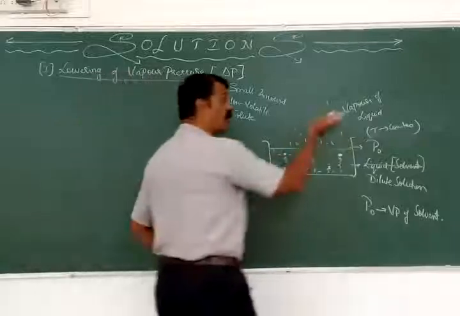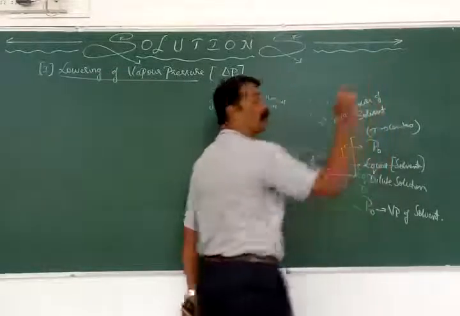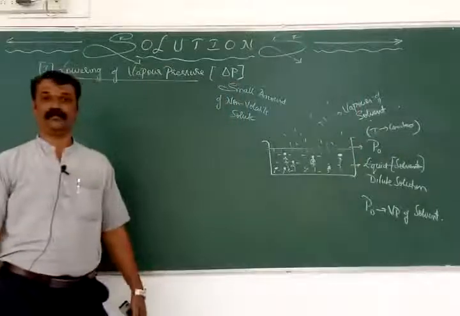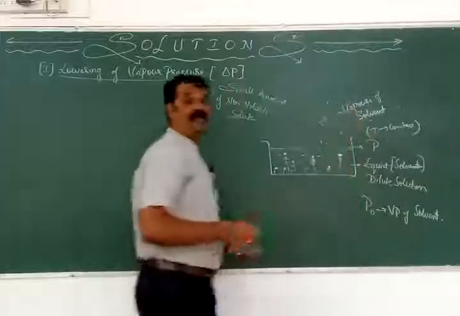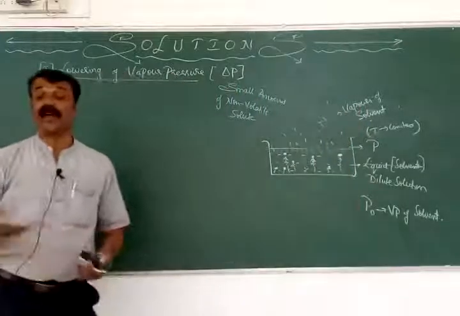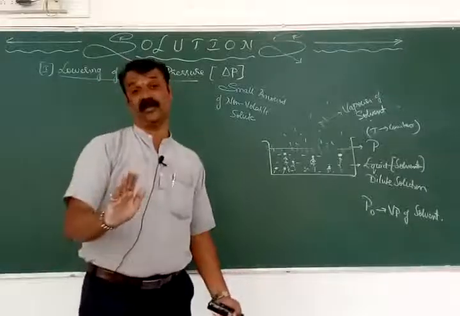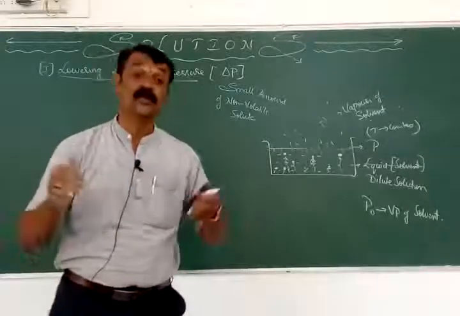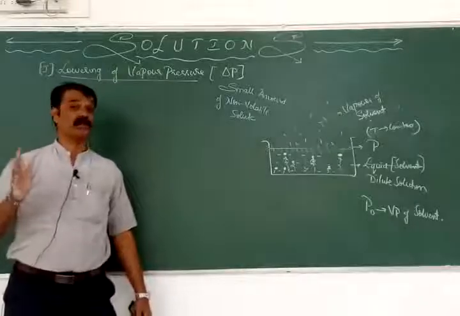It is not the vapor pressure of the liquid here, again it is the vapors of the solvent. What is the vapor pressure now? Has it increased or decreased? As the number of vapors of the liquid solvent gets less, the collisions are also less. As the collisions are less, the vapor pressure is also less.